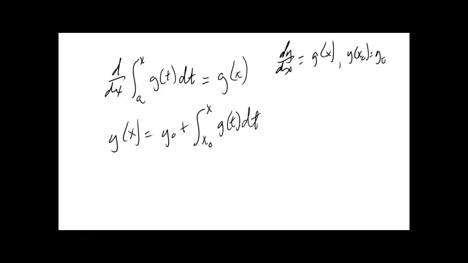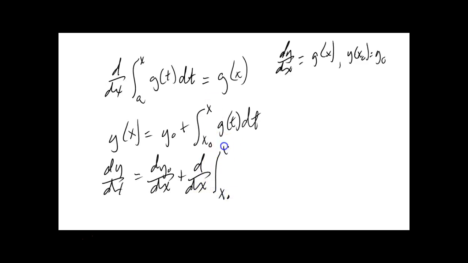Well, if that's your solution, then to get from here to there, you do dy/dx, and that's equal to dy0/dx plus d by dx of the integral from x0 to x of g of t dt. You just take the derivative of each of those terms.